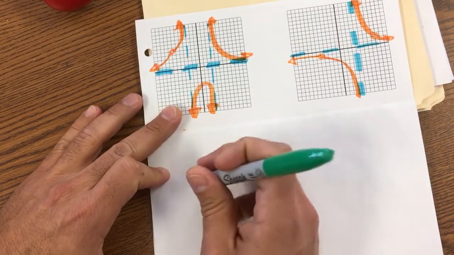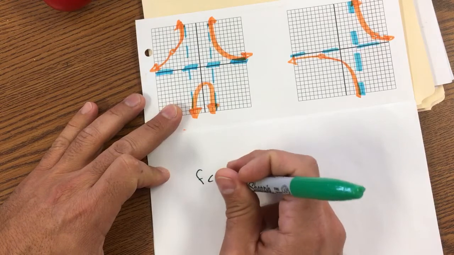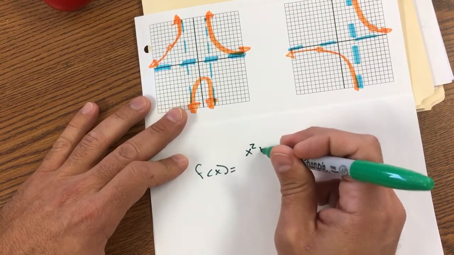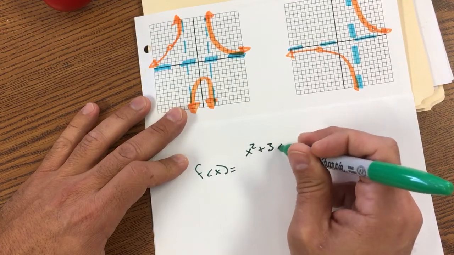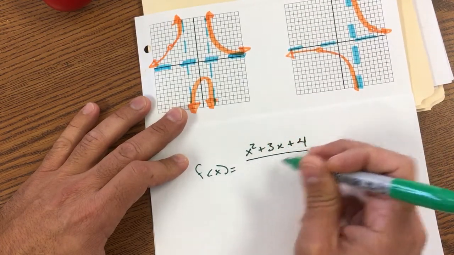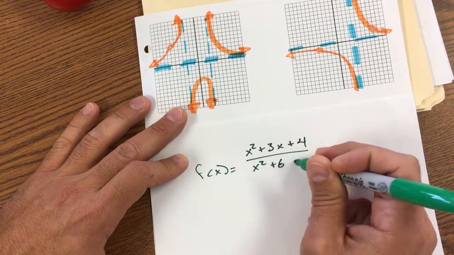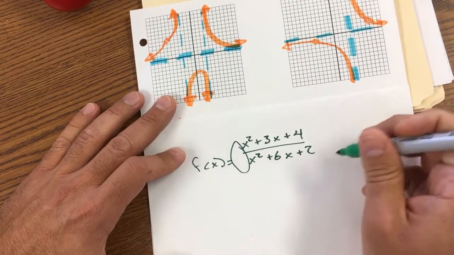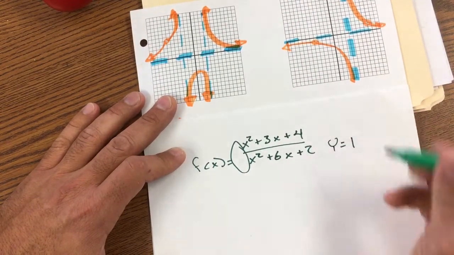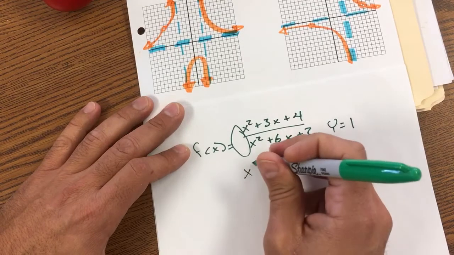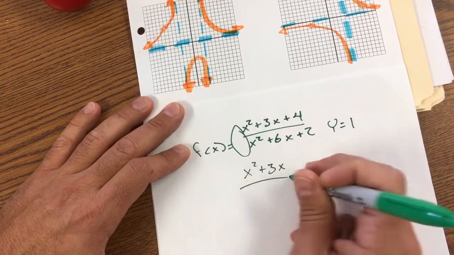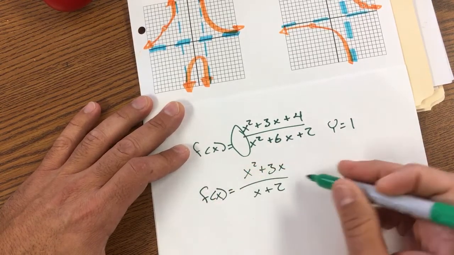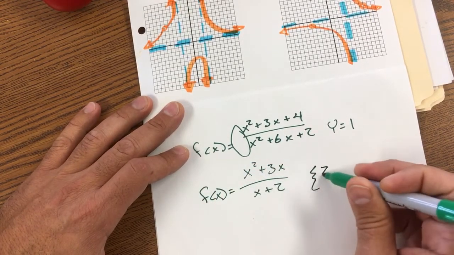If I remember way back when I first learned this stuff, the rules for horizontal asymptotes were that if the degrees were the same on the top and the bottom, like this, then I divide the leading coefficients. So this would have given me a horizontal asymptote of y equals 1. If the degree is higher on top, then I have no horizontal asymptote.